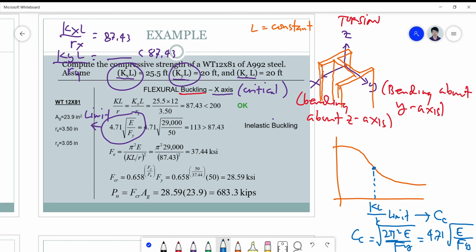So actually the value used here is not 2, but rather it's 1.5 squared. Okay, it's not 2 but 1.5 squared. And this has something to do with your lambda sub c squared as the basis for your LRFD limit.